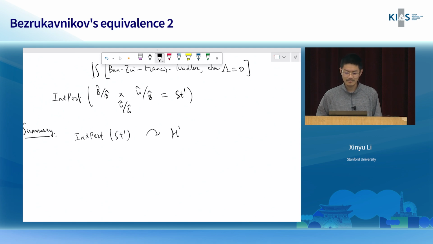So from an action to a functor, we just need to evaluate this action on a certain object inside here, which is usually denoted by psi, called big tilting sheaf or anti-spherical projector.